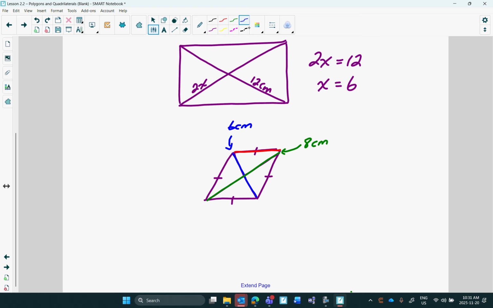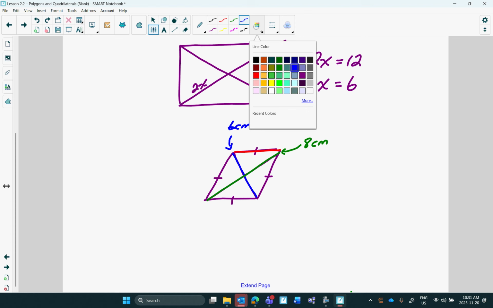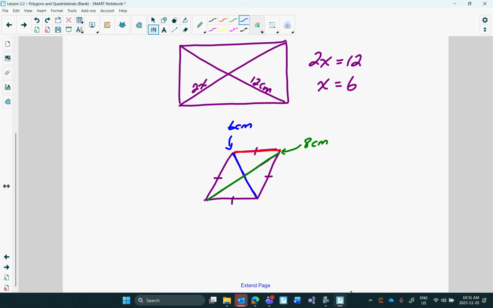So watch, follow along here. What's this length? 3. What's this length? 4, because it's half of 8. What can you tell me about this angle? So therefore, how do we find it?